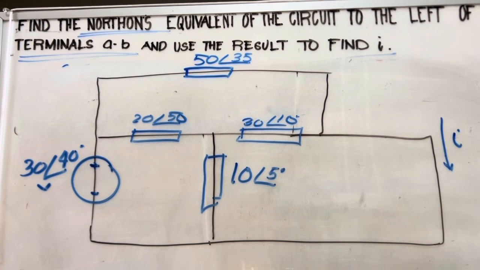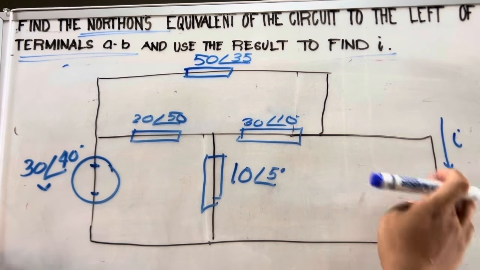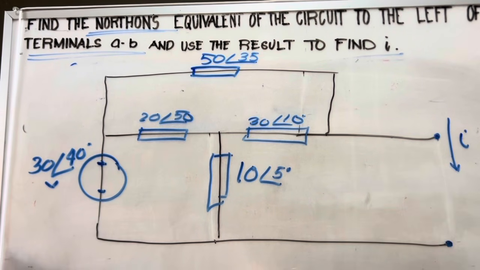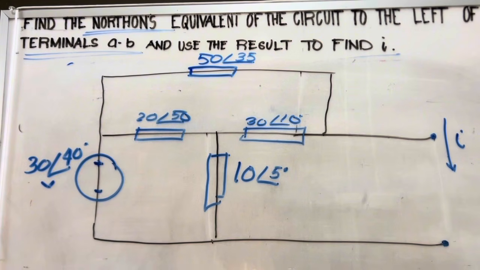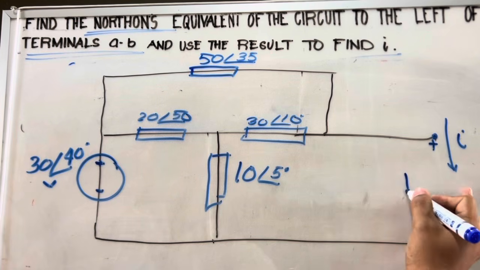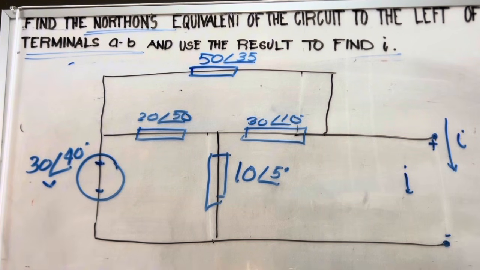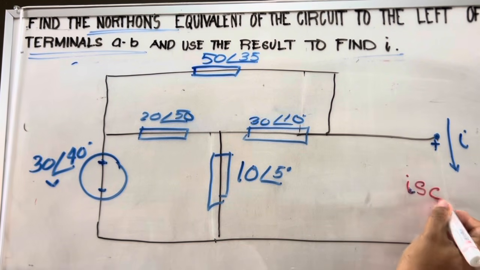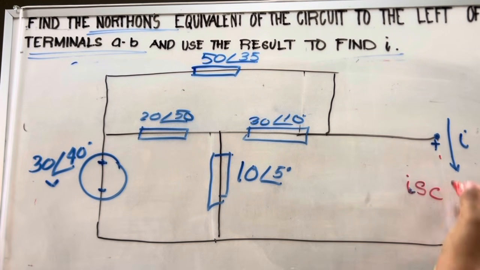We will short circuit this area, which will become our I short circuit, ISC, positive to negative. This area will become my VO. I can also use Z0, but I will prefer VOC because my solutions already use VOC. Alright?